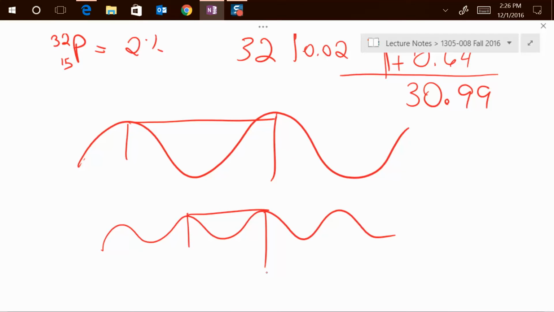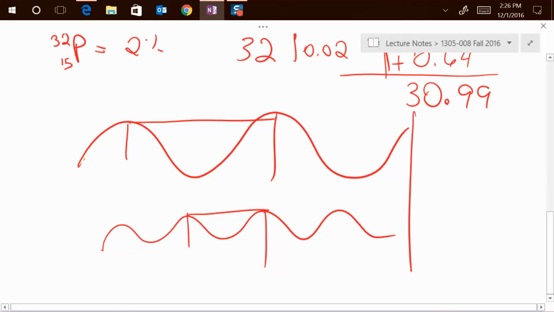What speed do light waves travel at? The speed of light. So these are all traveling at the same speed.